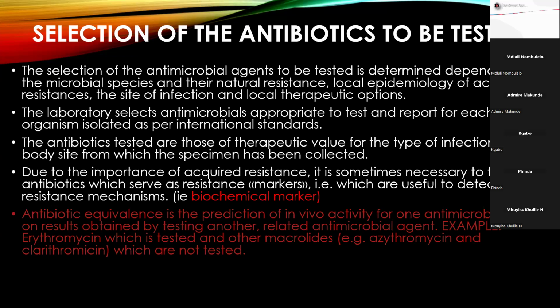Usually the best method to demonstrate susceptibility or resistance is to use ampicillin. So once you get ampicillin results, it's as good as recommending amoxicillin results. Another example is that in the laboratory it's easier to test for erythromycin than clarithromycin, which is commonly dispensed in pharmacy. So once you get erythromycin results, you can predict the outcome. So it's usually considered as antibiotic equivalence.